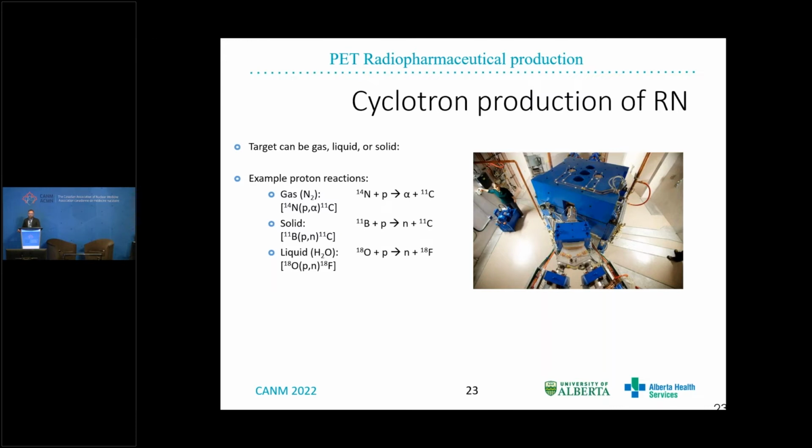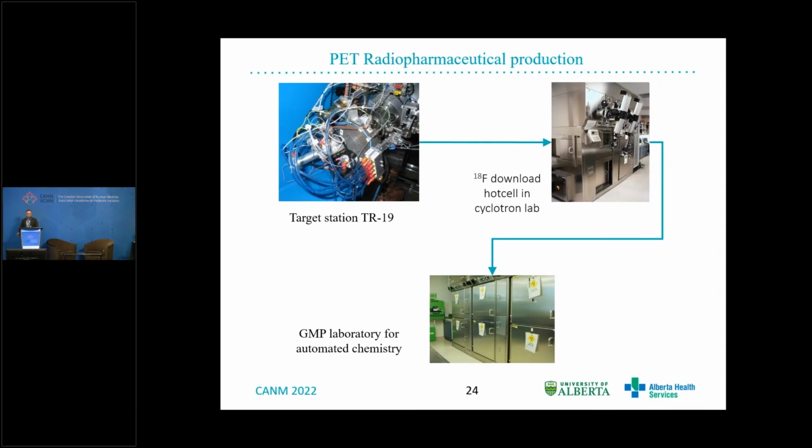So the liquid target is by far the most common. To make F18, we start with O18, we irradiate with a proton, it ejects a neutron, and we get F18. So in our center, we get the F18 from a target station, we download the F18 in water into the hot cell.